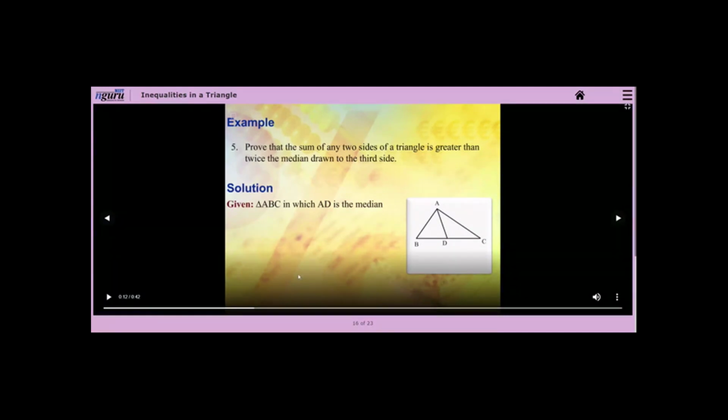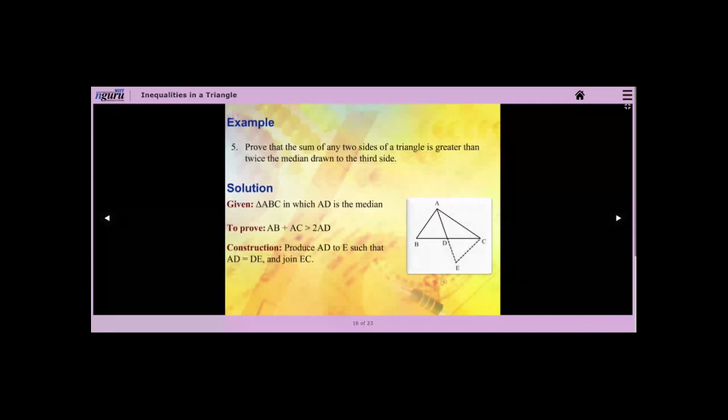Twice the median means 2 times the median. Which is the median? AD, ma'am. So BD is equal to DC, given that AD is the median. It is to be proved that AB plus AC is greater than twice of AD.